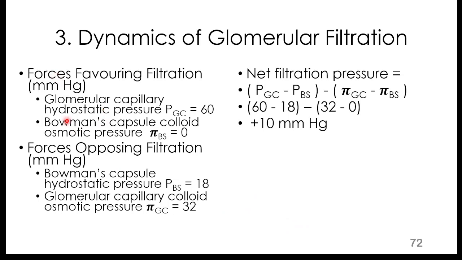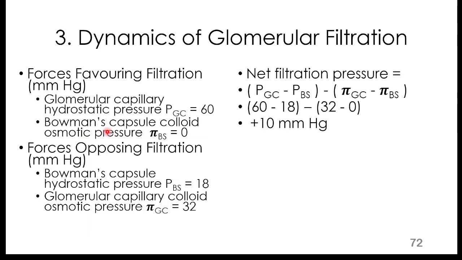All right. So forces favoring filtration, we have the glomerular capillary hydrostatic pressure, which is 60. Then hypothetically, Bowman's capsule colloid osmotic pressure. This assumes that there were protein molecules within the urine in Bowman's space, and those protein molecules would favor filtration.